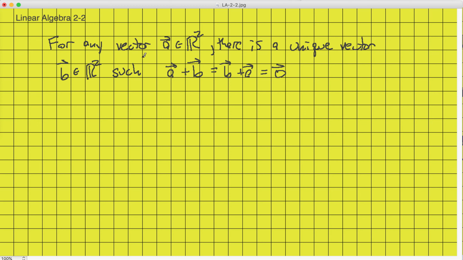That's not anything weird. We can see over here that this vector B is just equal to minus 1 times A. And this is called the additive inverse.